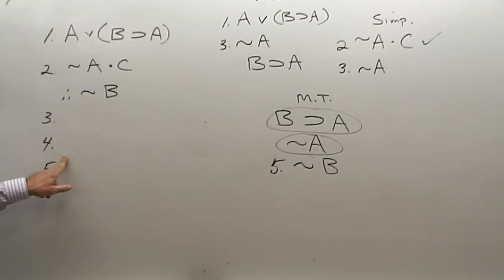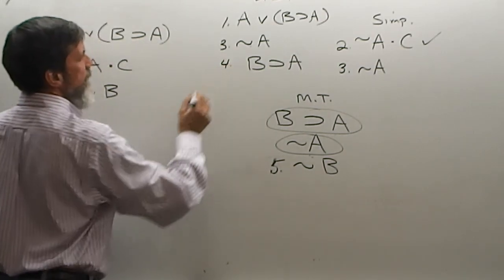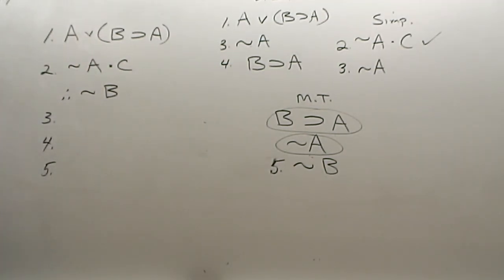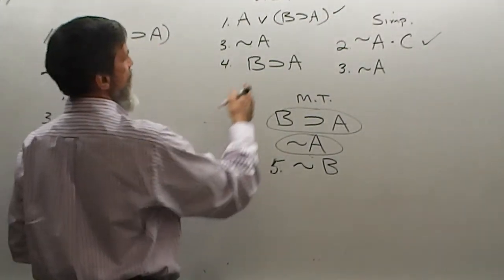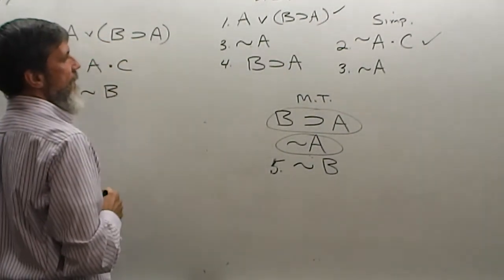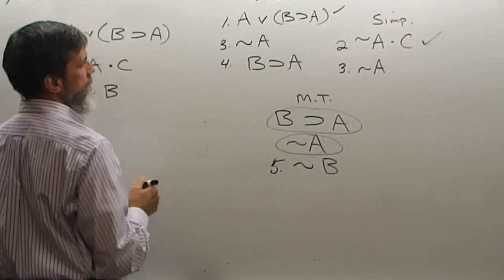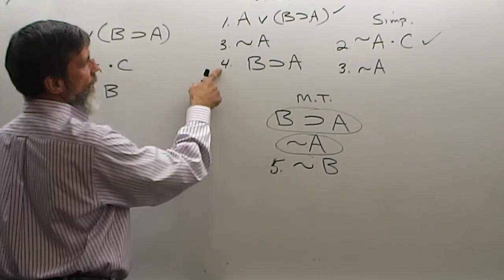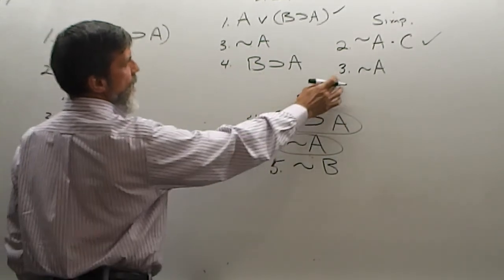Then line 4 must be what? B horseshoe A. That exists. And both of these will. That's line 4. We already determined that. That's going to be line 3.